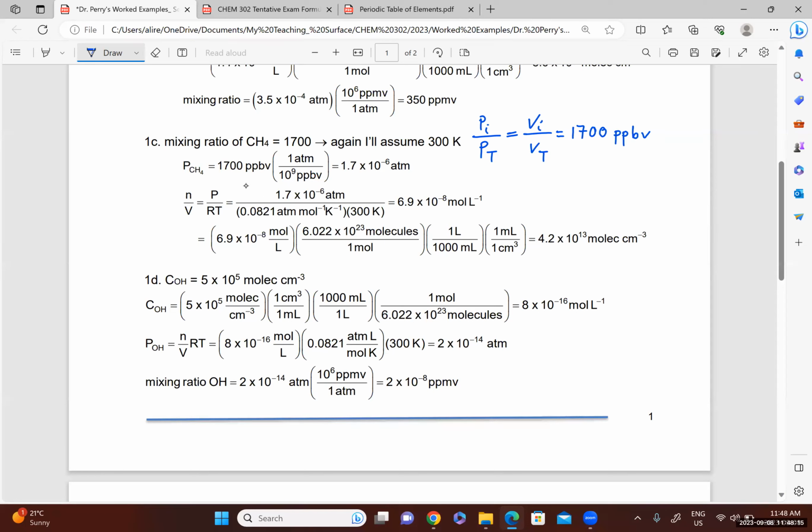It means that it is equal to 1700 parts of methane on top over 1 billion parts of the total atmosphere. So 1700 parts over 1 billion parts.